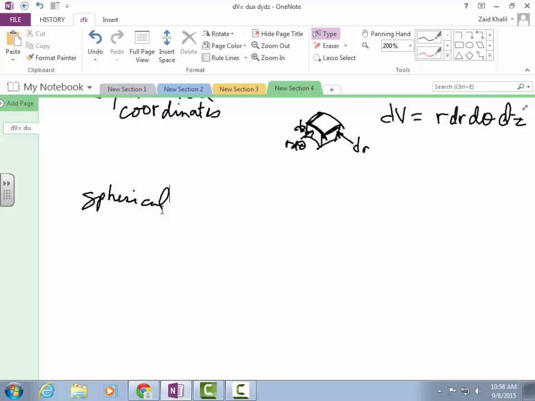So if you take a radius and swoop it around like this, you get a disk.